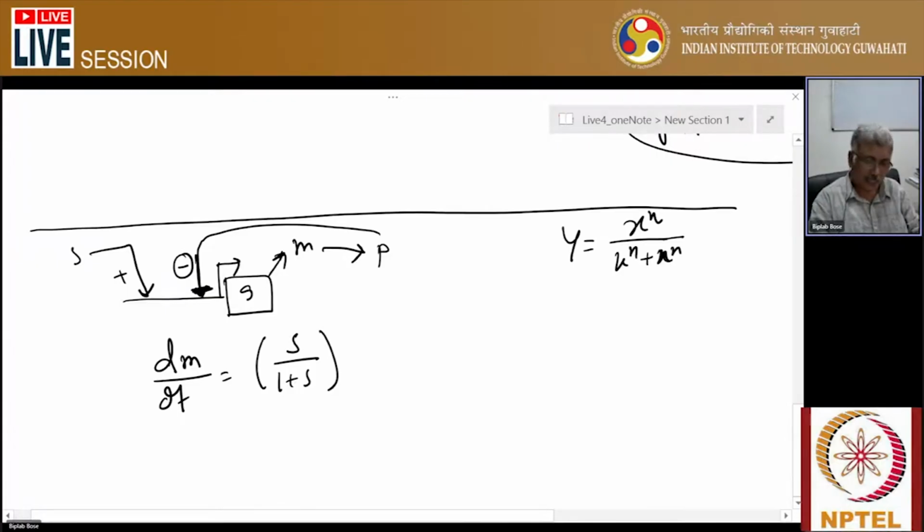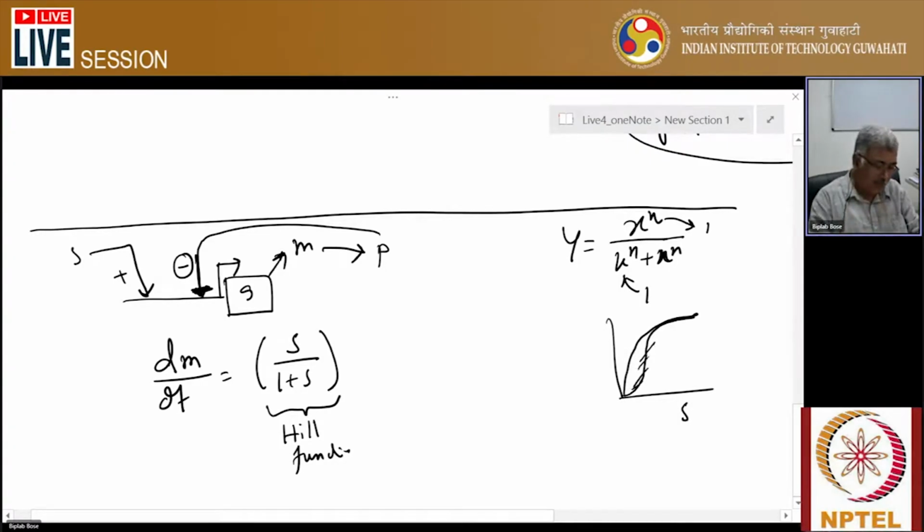The question has asked me to consider n equal to 1 and k equal to 1, so I have written these. This is positive: as S increases, the induction will be more. In this case it will be hyperbolic, not sigmoidal.